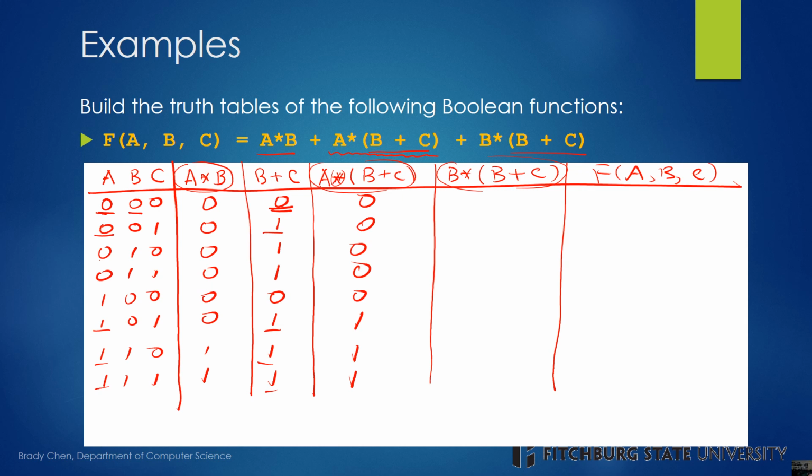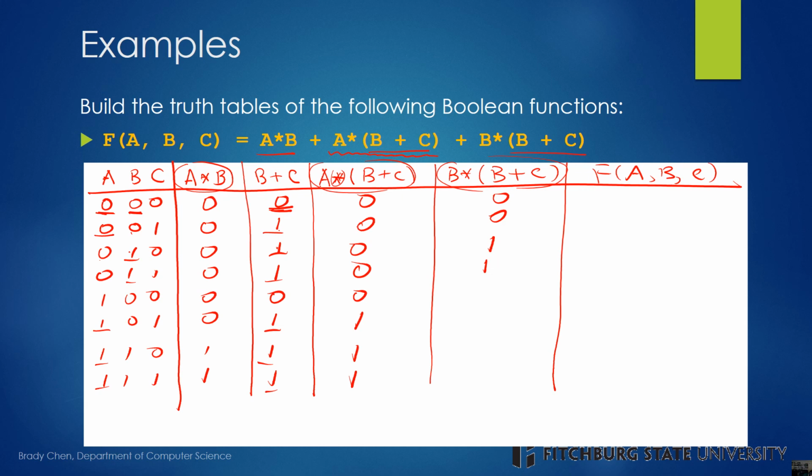And B times B plus C. Again, B plus C, that's 0, that's also 0, then 1, 1, 1, 1, that's 1, and 1, 1, that's 1.